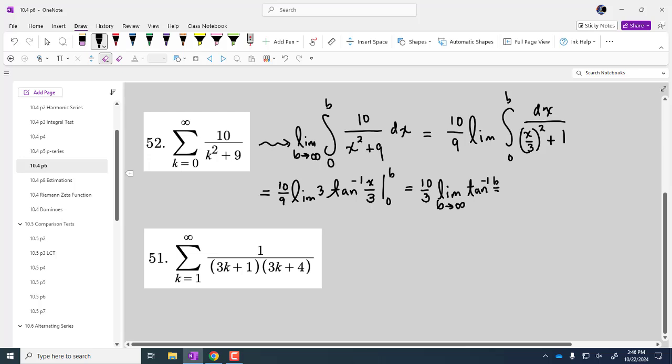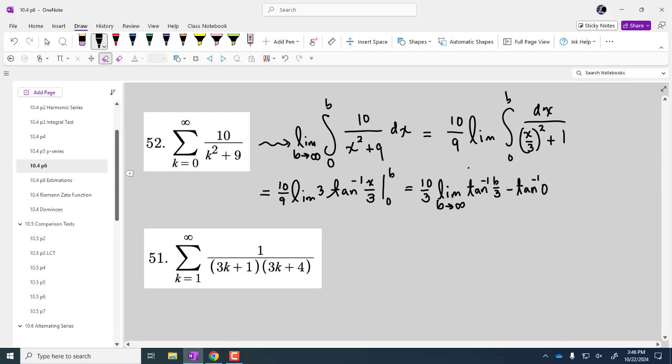Arctan of b over 3 minus arctan of 0. What's arctan of 0? 0. So arctangent of 0 is the angle on the right side of the unit circle that has a tangent value of 0, which is 0 radians.